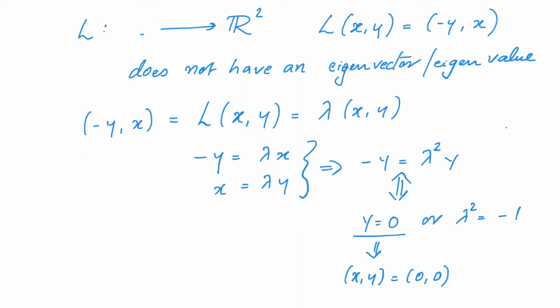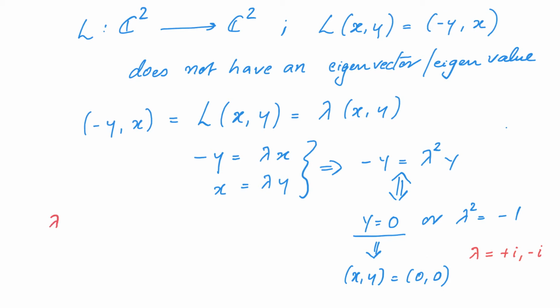More precisely, if you consider the linear map L from C2 to C2, defined as L of (x, y) is equal to (minus y, x), then we have the eigenvalues lambda is equal to plus i and minus i.